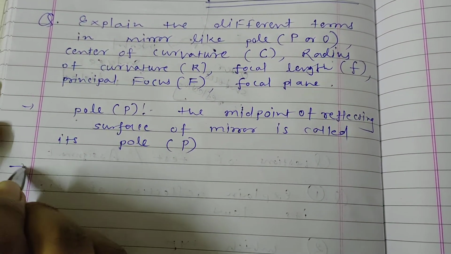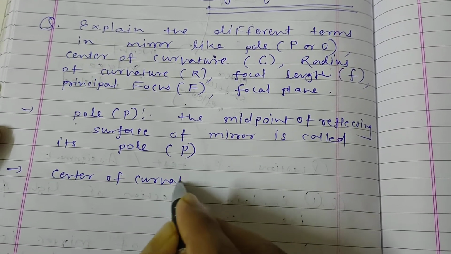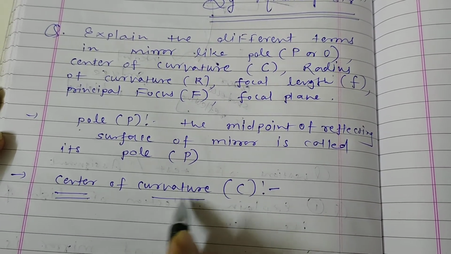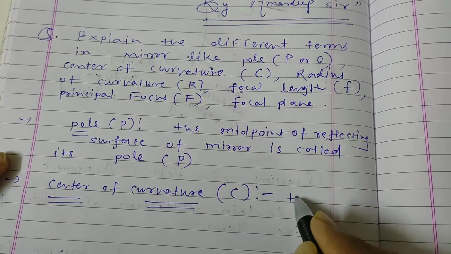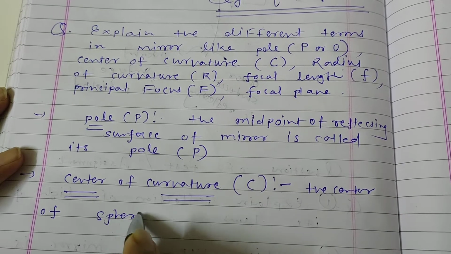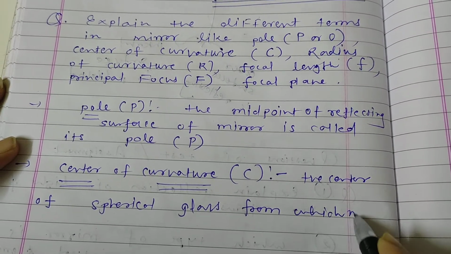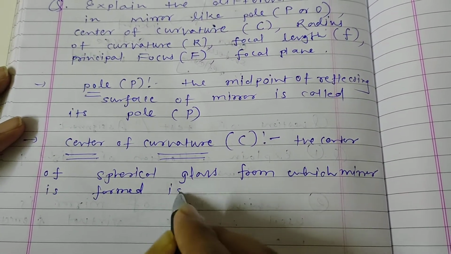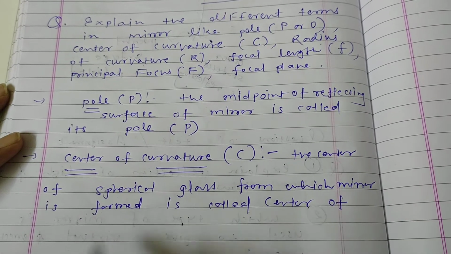Second point is center of curvature. It is denoted by capital C. The center of the spherical glass from which the mirror is formed is called the center of curvature.